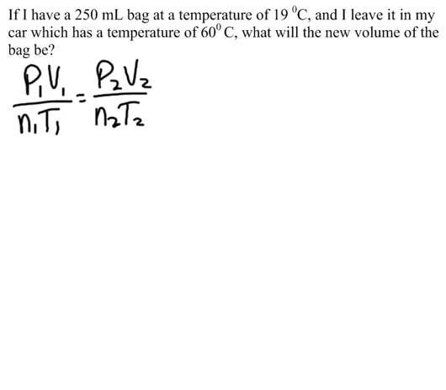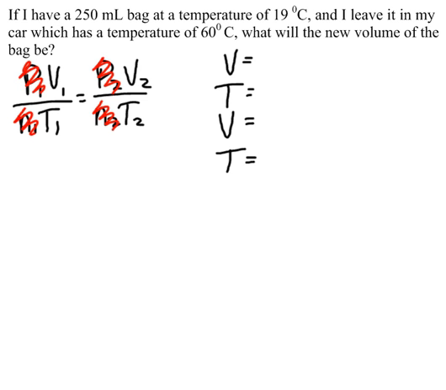We have 250 milliliters of a volume, a temperature, another temperature, and I want to know a new volume. So we're looking at volume and temperature, and since no pressure nor number of molecules was mentioned, I can cancel those out because I don't need them.